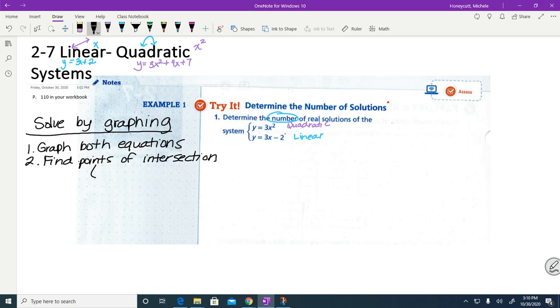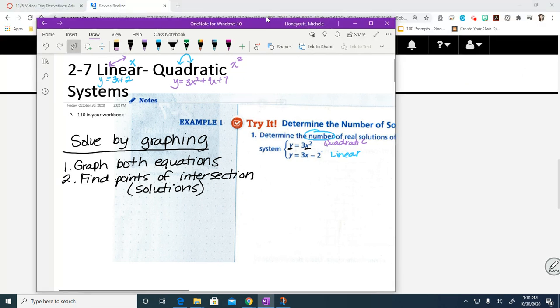And the points of intersection are the solutions. If you'll notice, my system has x's and y's, so my solutions will be an x and a y. So we're going to graph it on Desmos. Let me pull Desmos over here.